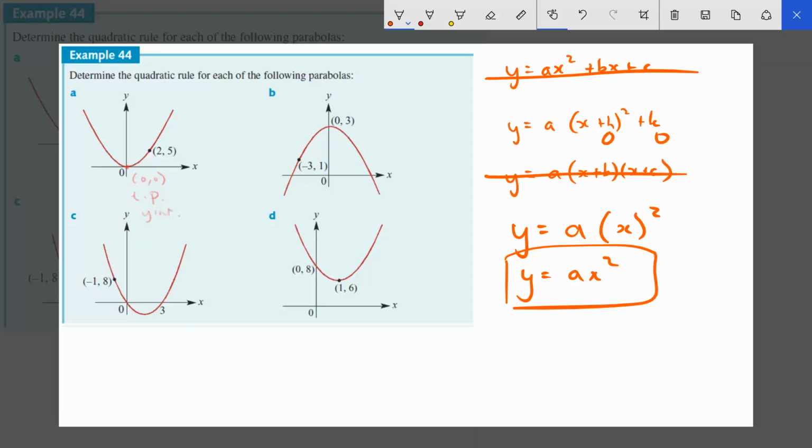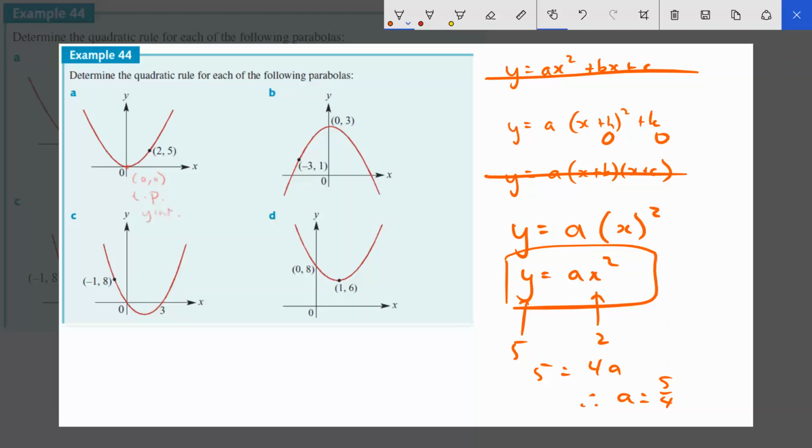They told you (2, 5). They told you when x is 2, y is 5. So I should have 5 equals 4a. Therefore, a must equal 5 over 4, and you're able to solve. So those are my hints. Find the number of x-intercepts, find the turning point, and then find how many clues are given.